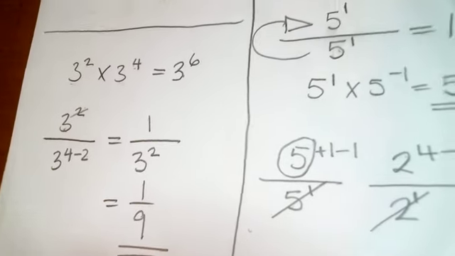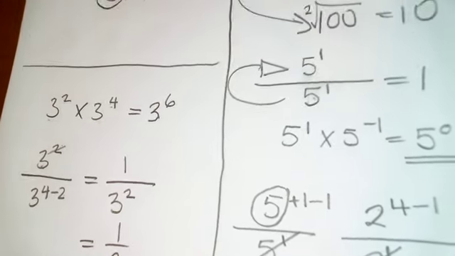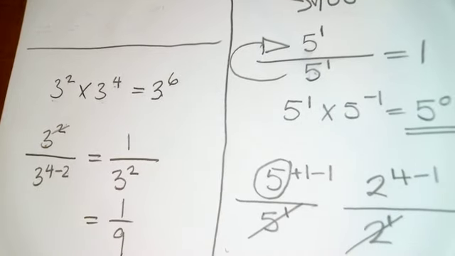Now, another way of thinking about this: the bases are the same, but what if the powers are the same? If the powers are the same, I can just multiply the bases.